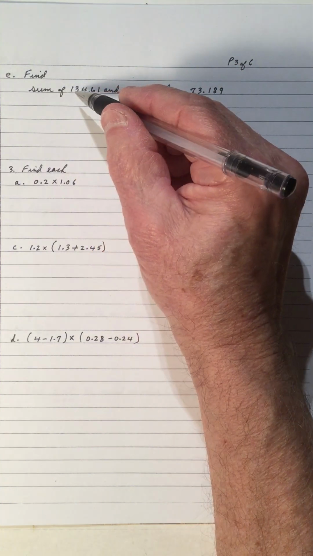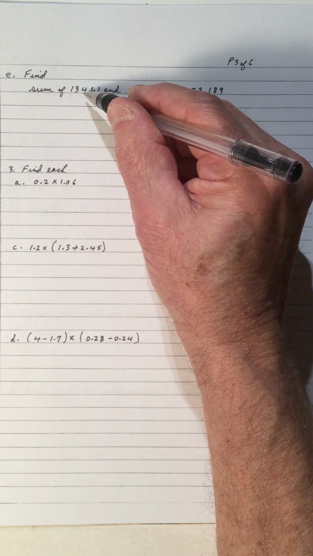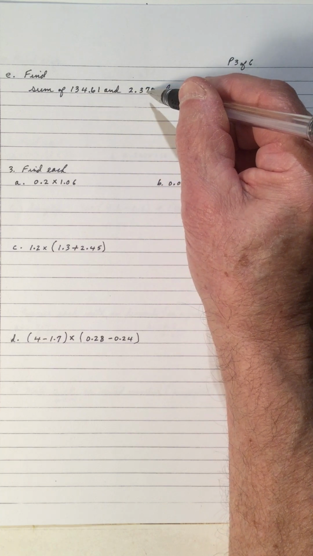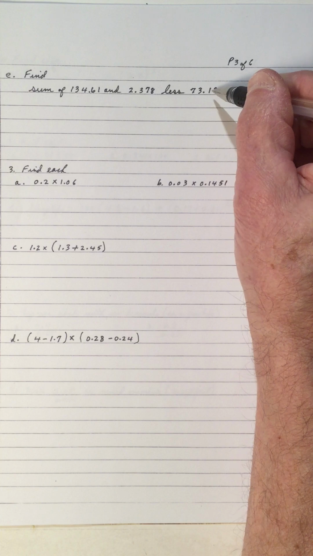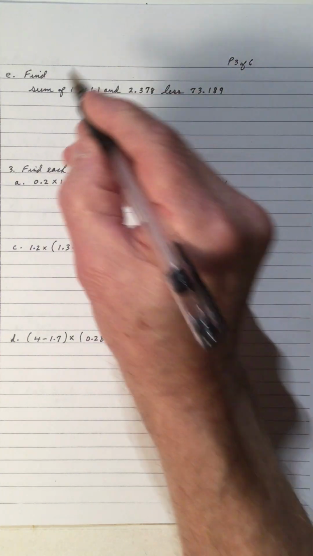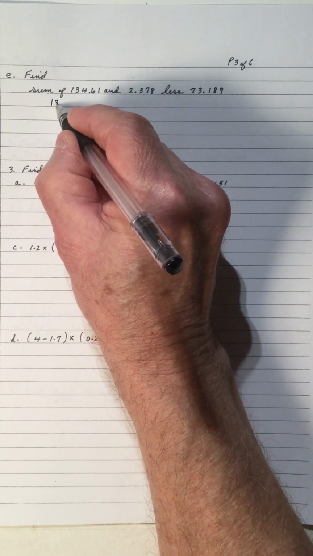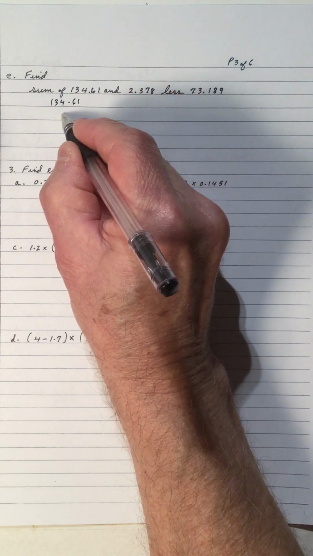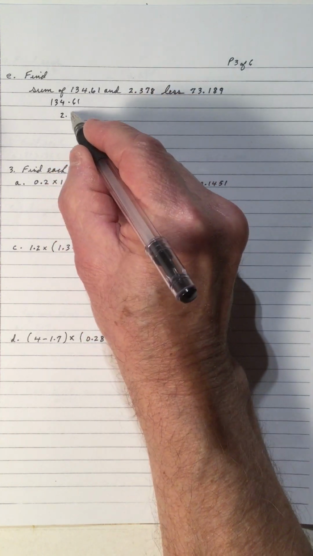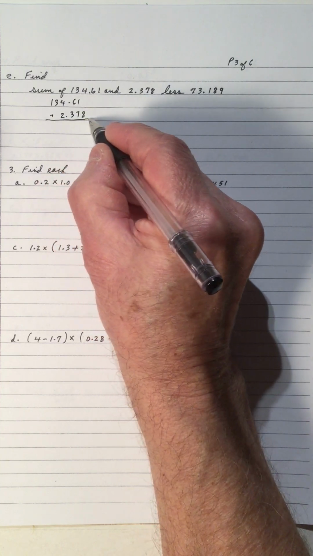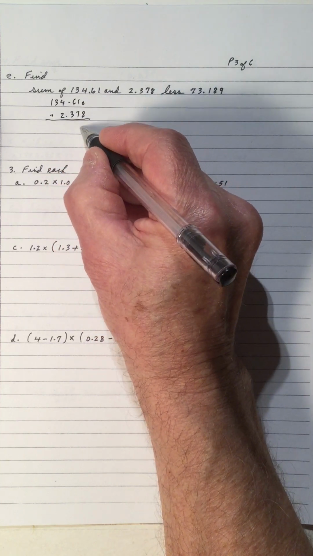Find the sum of 334.61 and 2.378 less 73.198. So the sum means add. So 134.61 and 2.378. So adding, we line up the decimals. So there's a 0.